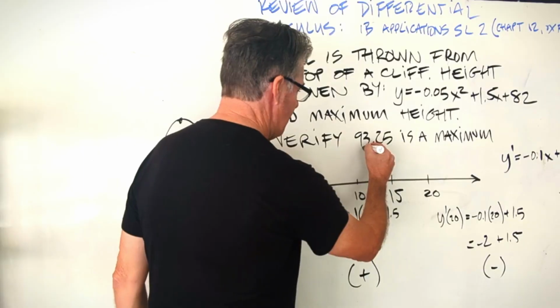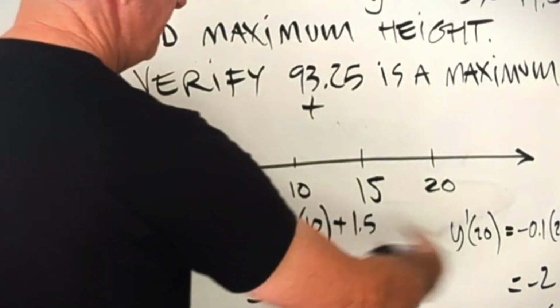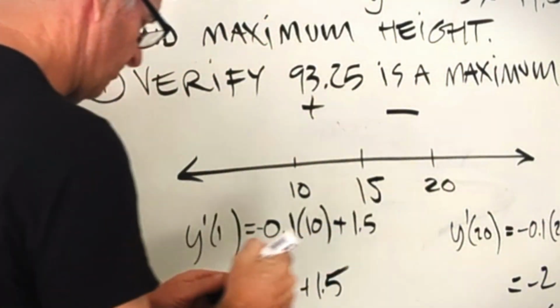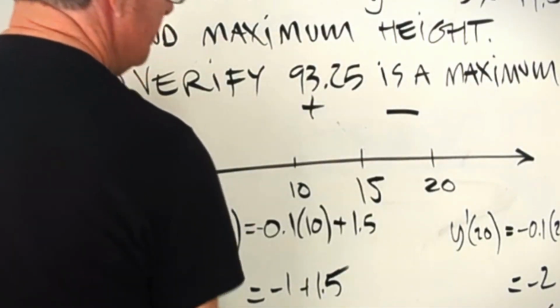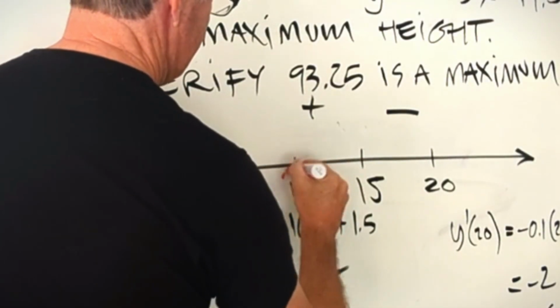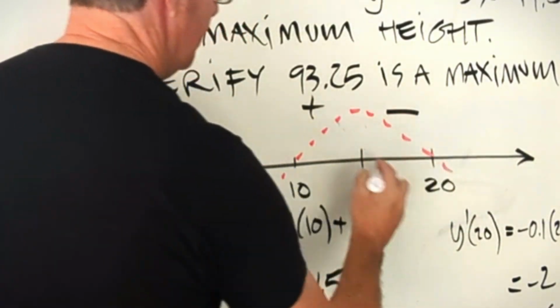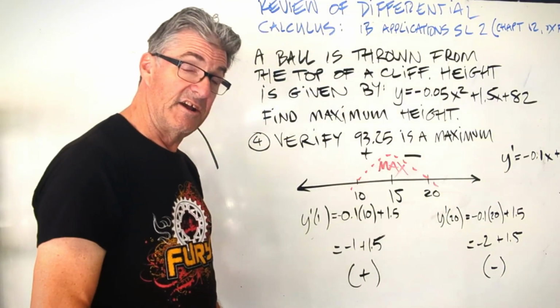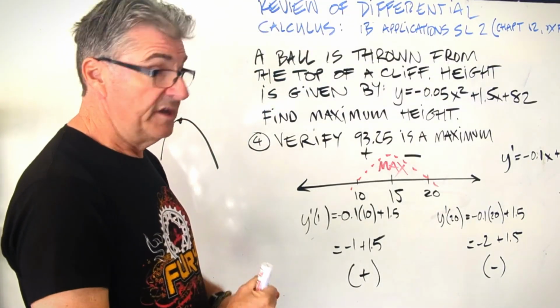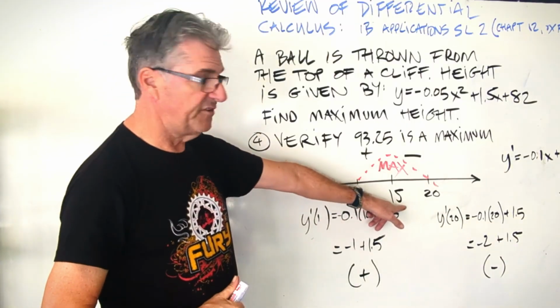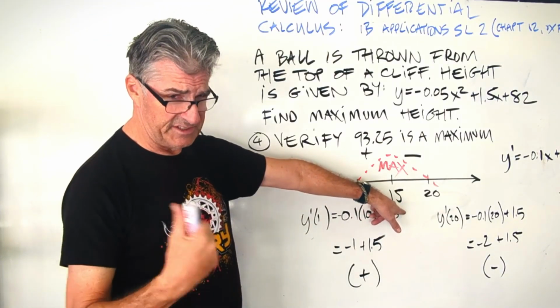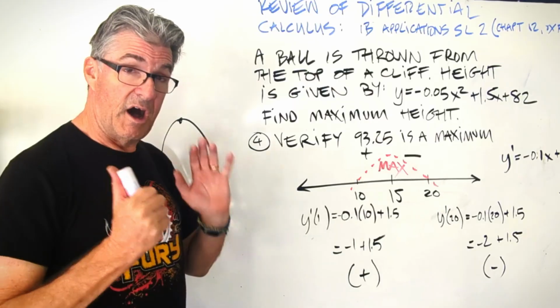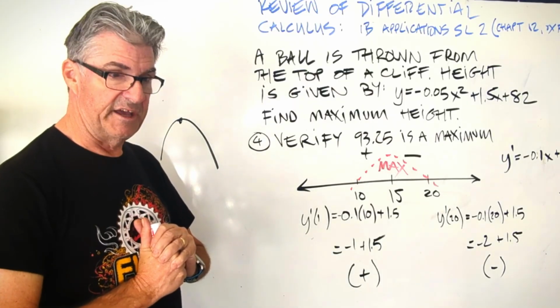So we have a plus here on the left side of 15 and a minus on the right side, and that shows us that the function is going like this and then like that, and that gives us a max right there. So now you've shown that this point at x equals 15, height 92 point something something, is a maximum on our function, so that's the max height.